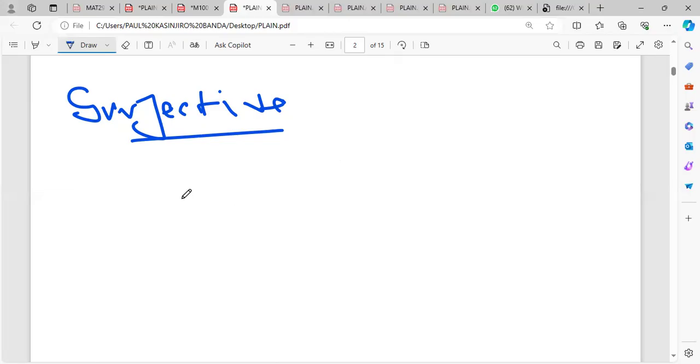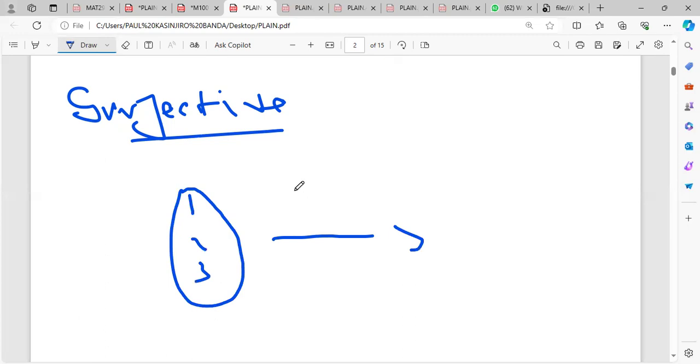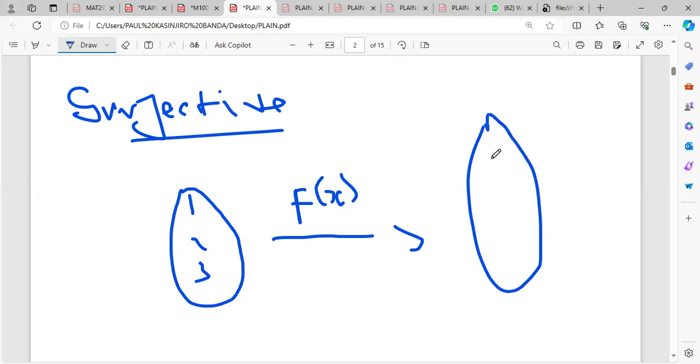Okay, so let's say I have a set there where I have 1, 2, and 3. Then in between here, I have a function f of x, and then this is mapping to, let me say 2, 4, and 6.